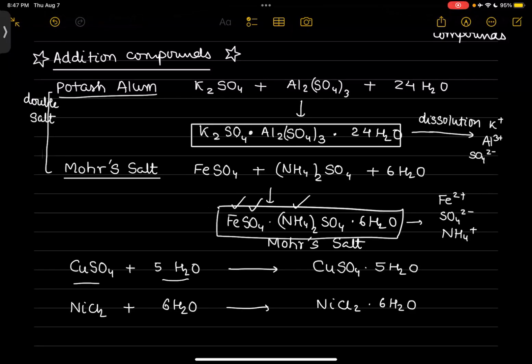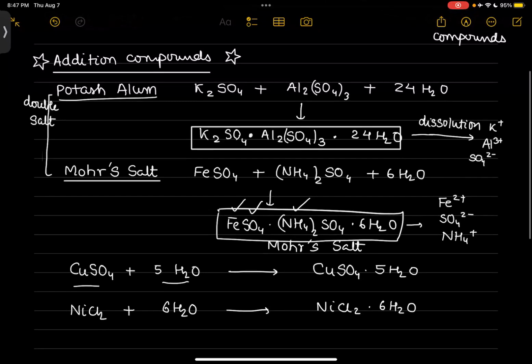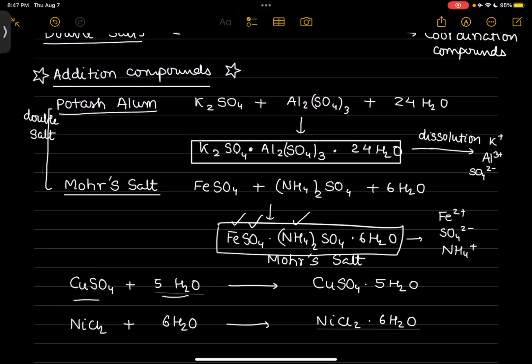So how will you define? Marwa, Jasleen, Aisha, what are double salts? Can you quickly tell a definition for double salts? Tell me quickly. So it's like a substance that when dissolved in water dissolves into ions. It is an addition compound, okay? Yeah, exactly.